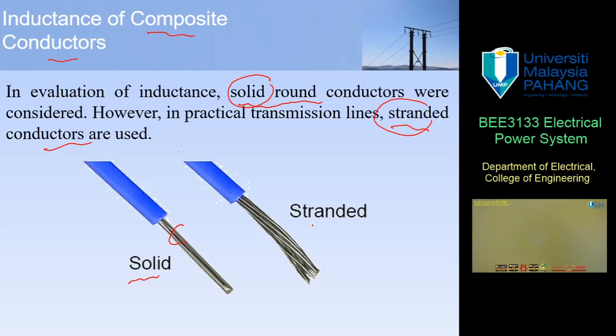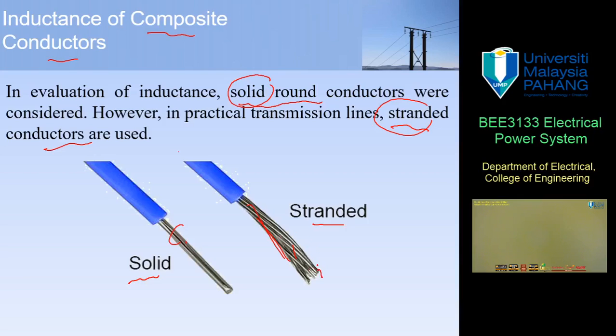Stranded looks like a spiral. You can see a lot of wires connected together, a lot of lines, so we call it stranded. Solid is usually for very hard cable, but stranded is used in most applications, even in your plug, socket, devices and appliances.